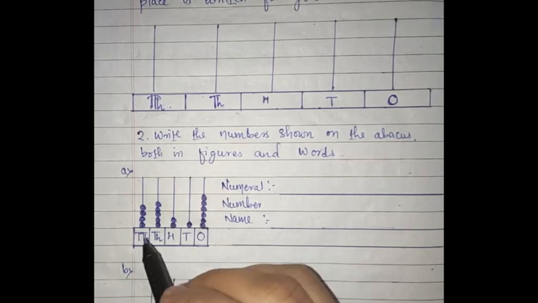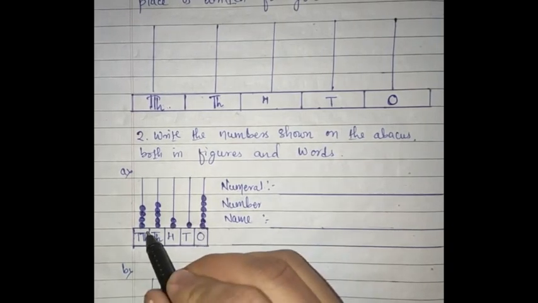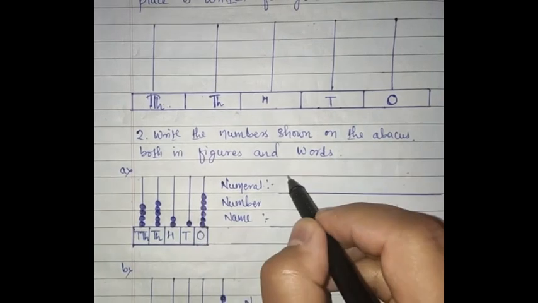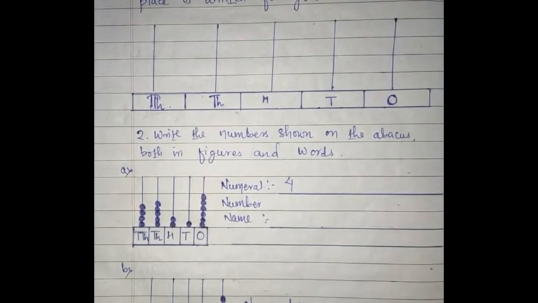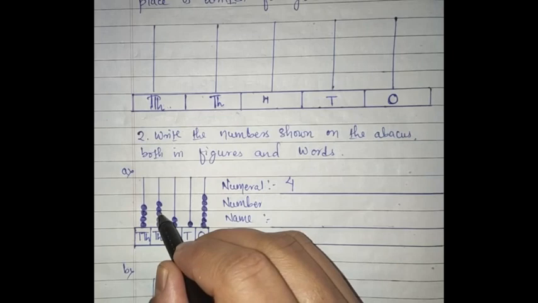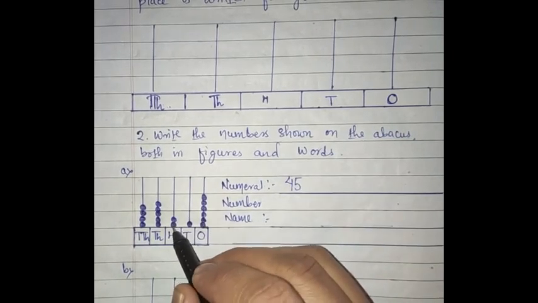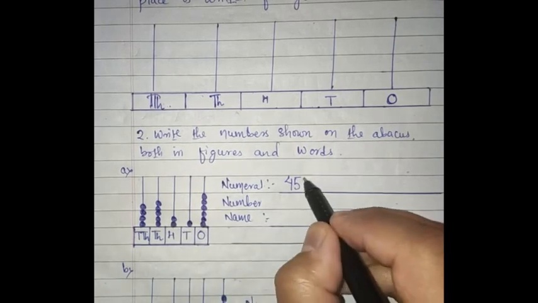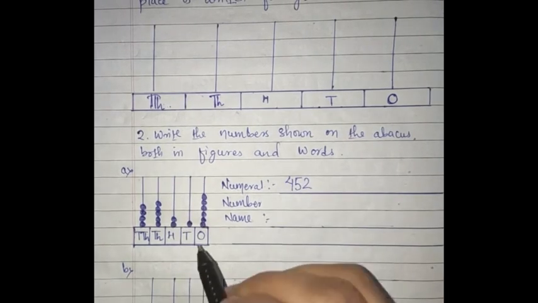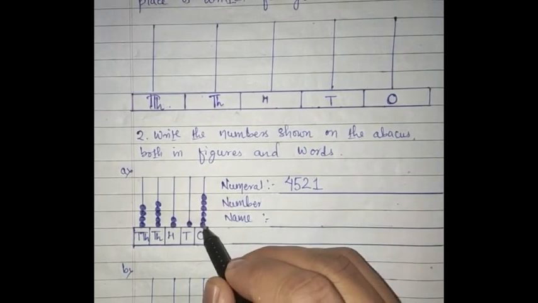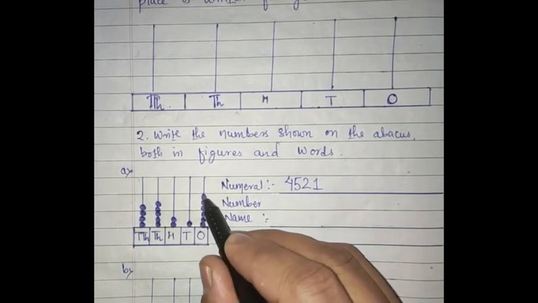First of all we will look at the 10,000 place. 1, 2, 3, 4 beads are there, so the first number will be 4. After that, 1, 2, 3, 4, 5. In the 1000 position there are 5. In the 100 position there are 2 beads, so it represents 2. In the tens position it is 1, and in the ones position 1, 2, 3, 4, 5, 6.